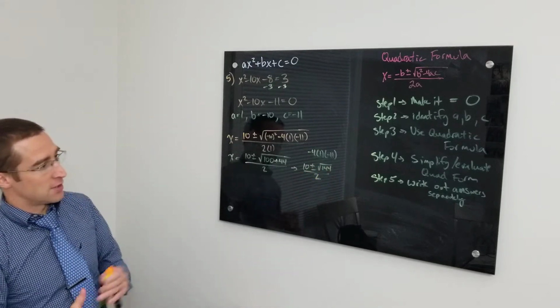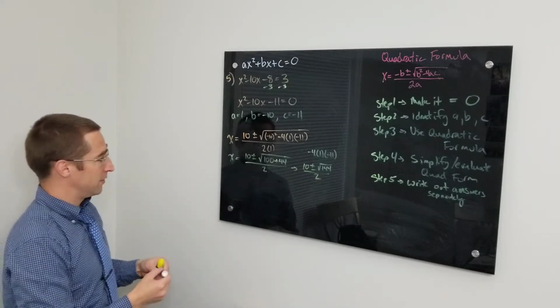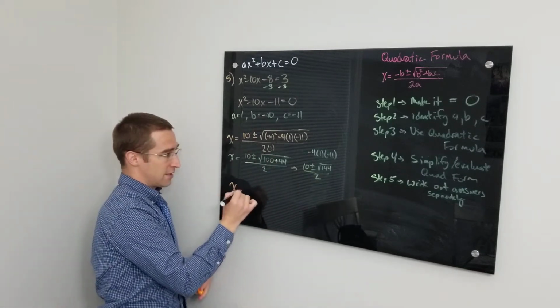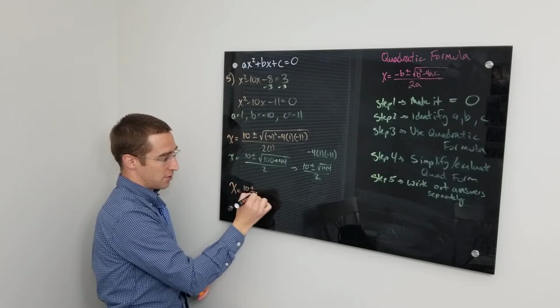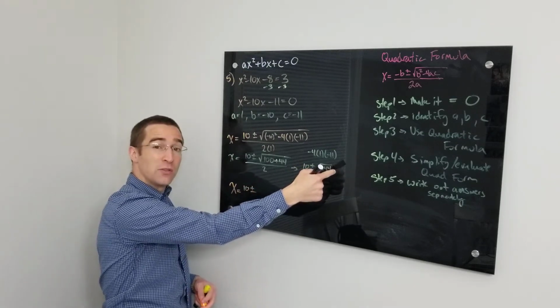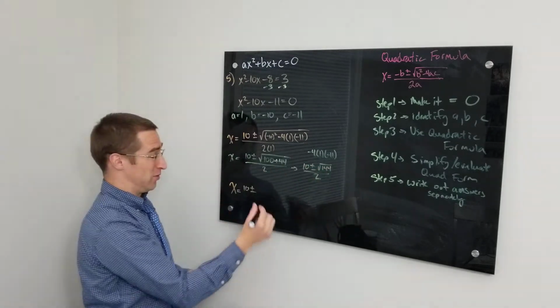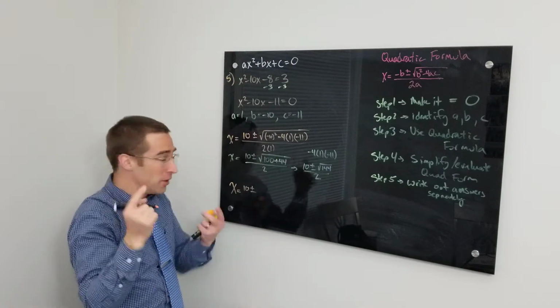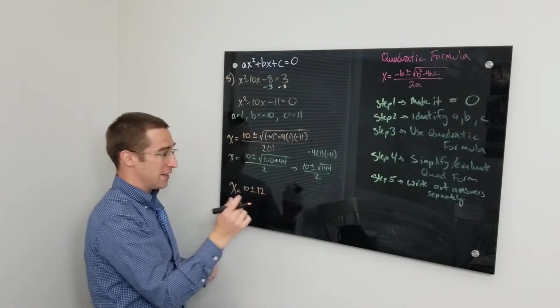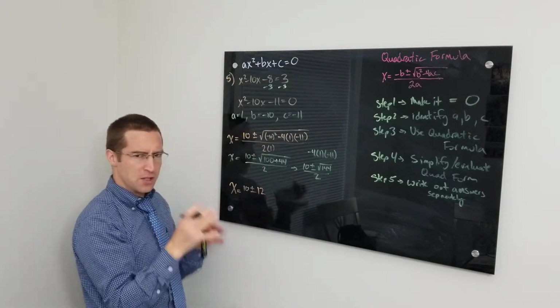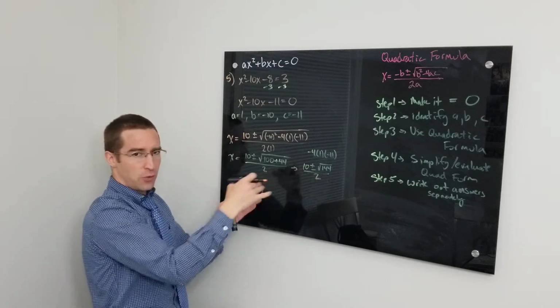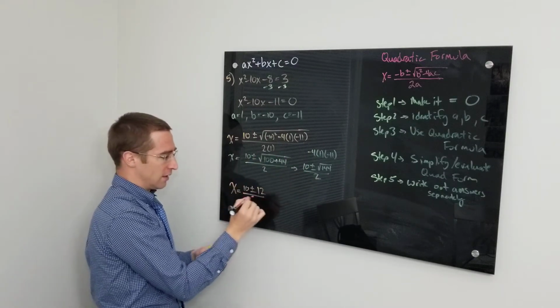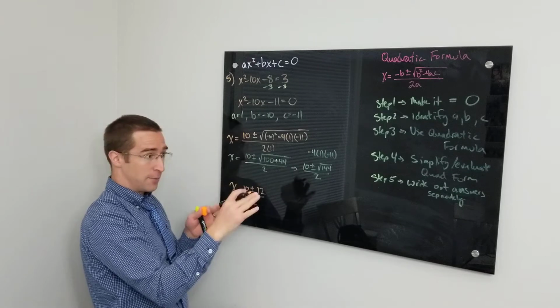Awesome. So we're still simplifying. Now we have x equals 10 plus or minus the square root of 144, that's 12, right? And you can use your calculator for that if you don't remember. It's 12, and it's not divided by 2, it's the square root, because 12 times 12 is 144. Then divide by 2, and now we break it apart into our two answers.